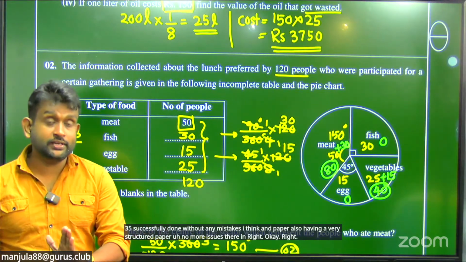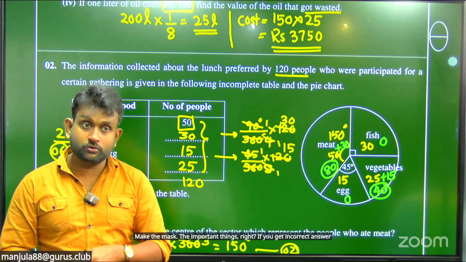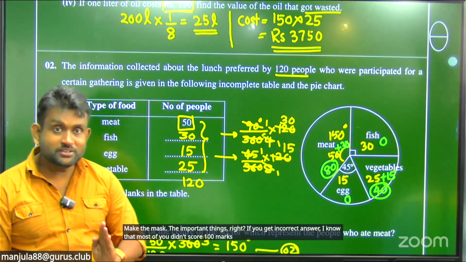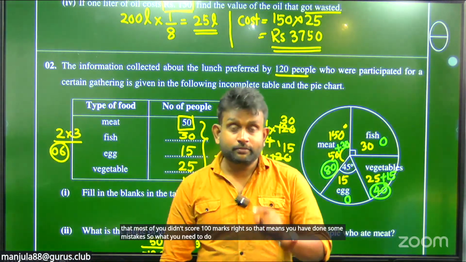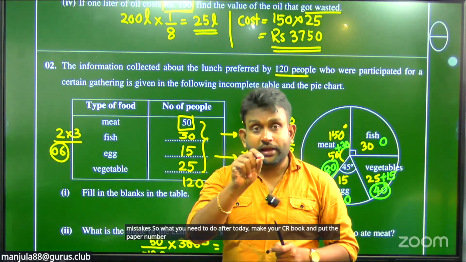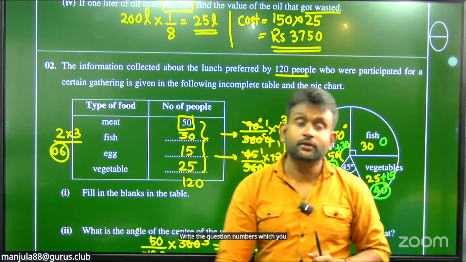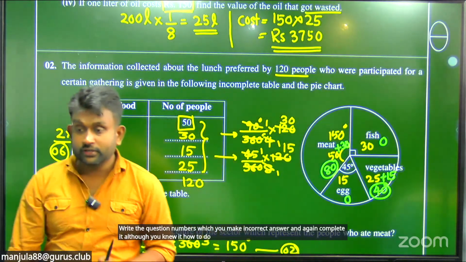The important thing is, if you got an incorrect answer, I know most of you didn't score 100 marks, so that means you made some mistakes. So what you need to do after today is make your CR book, put paper number 35, write the question numbers which you answered incorrectly and complete them again. Although you know how to do it, do it by yourself.